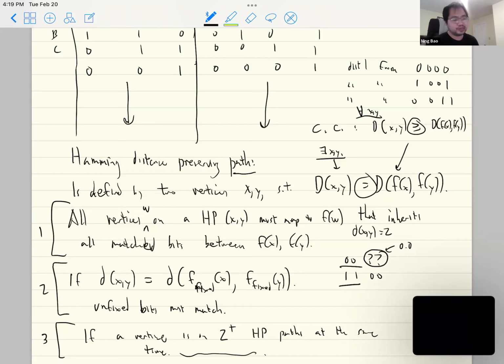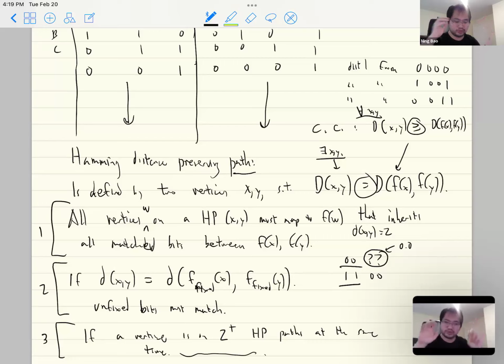It's kind of a misnomer to call it a path, because that means actually that every minimal path between x and y is a Hamming preserving path. So if you like, you can think of it more precisely as a Hamming preserving isomorphism between the subhypercubes that they define. But you can also think about the specific path if you like.